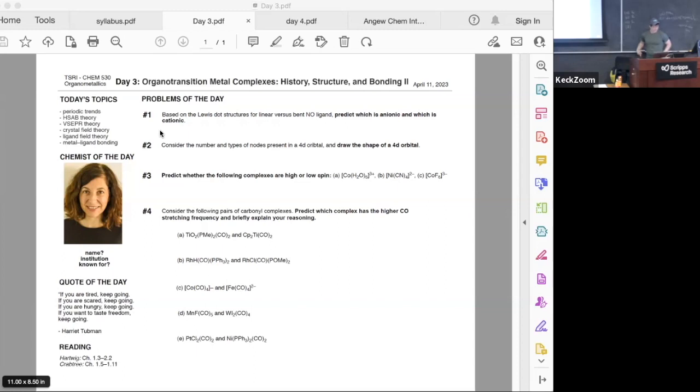This one is a tricky one because you're changing multiple things. You're changing the metal, you're changing the ligand set, and you've got to try to decide which is more important. The manganese is +1 and the tungsten is +2. I guess then tungsten would have fewer electrons to back donate. So the right one would have the higher frequency, so it'd be less back bonding.